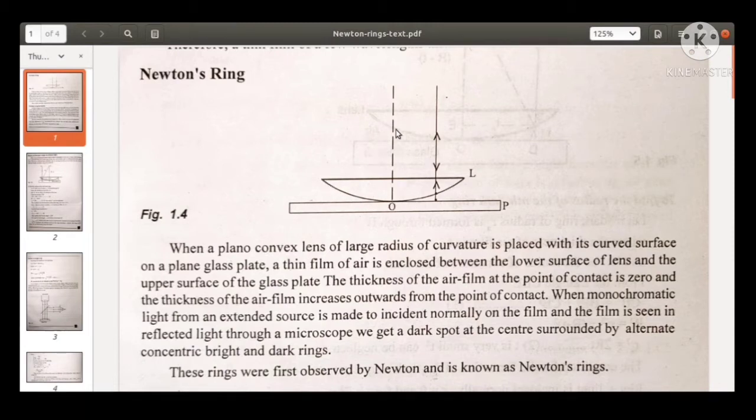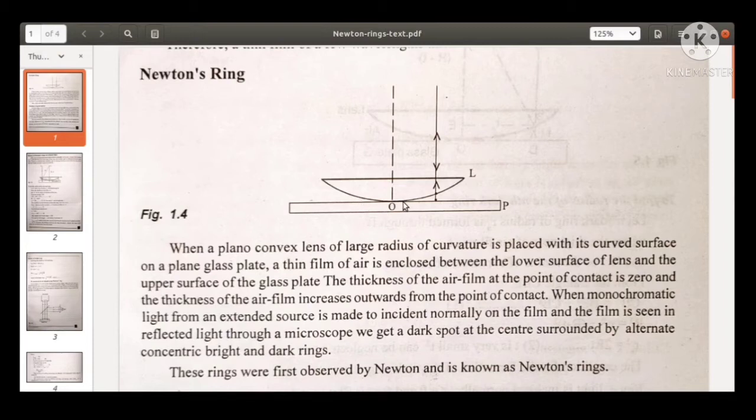That is, this is a plano convex lens and this is circular in shape. If you are viewing from the upper side, this lens is circular in shape, and so the thickness of the air film between the lens and the glass plate is varying, increasing in circular fashion.